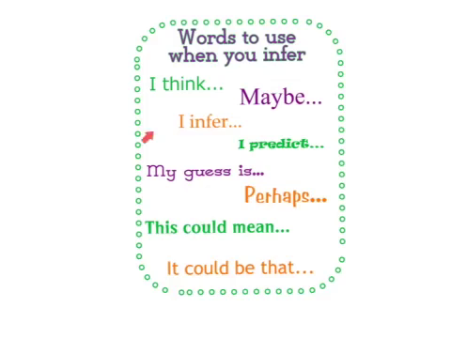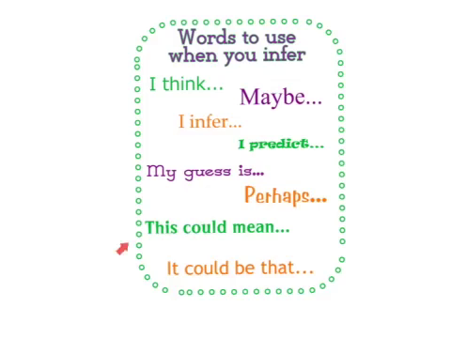You could use phrases like, I infer that, and finish that sentence. Or how about, I predict they will win the game because I can see on the scoreboard that it is 7-2. You could even try, my guess is that, and then finish that sentence. Or how about try, perhaps they're wearing a winter coat because it's very cold outside.